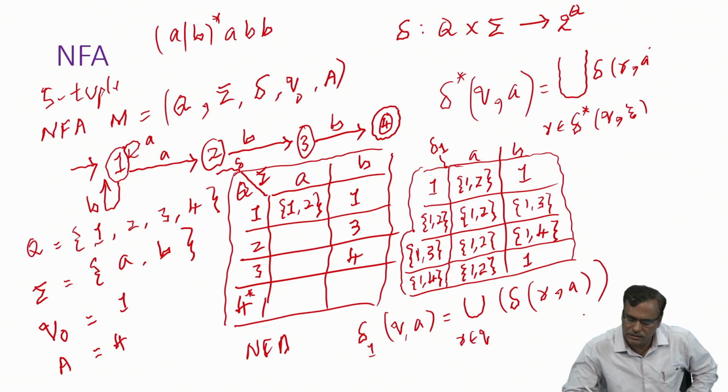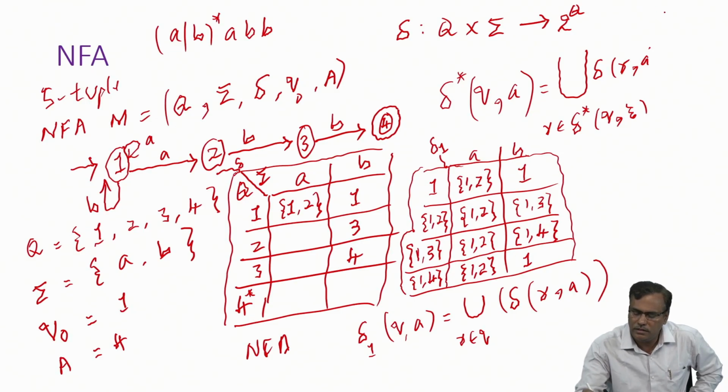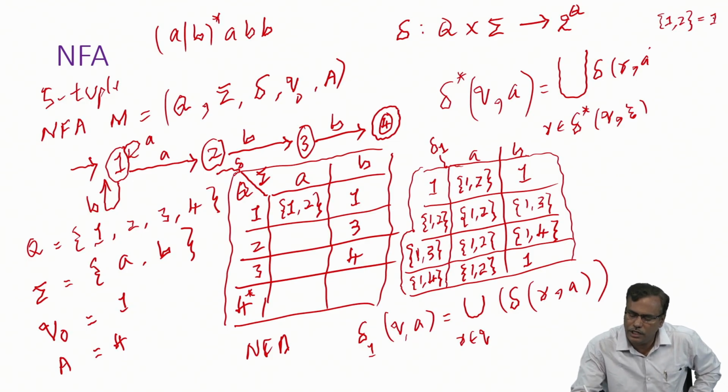Union of this. Okay. So now if I am going to replace these sets with single names, we can replace 1, 2 with say 2, 1, 3 with say 3, 1, 4 with say 4.